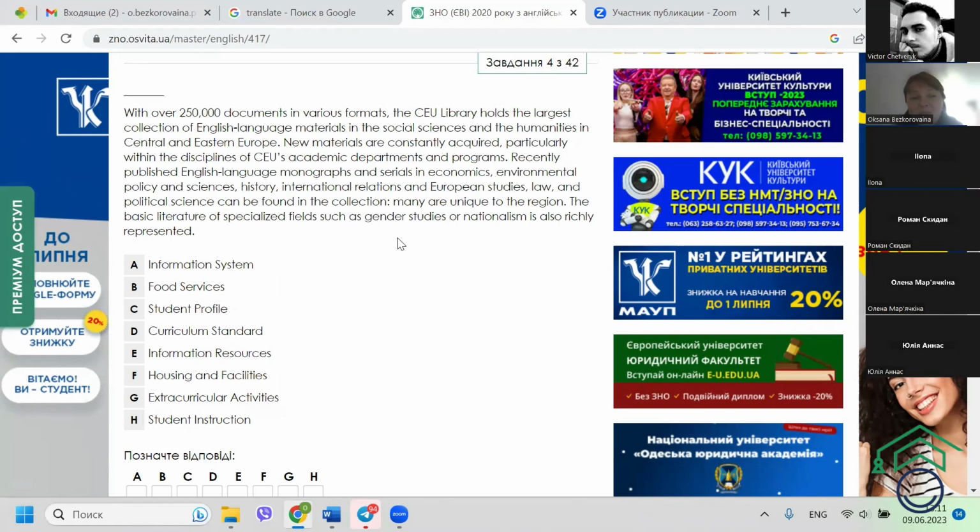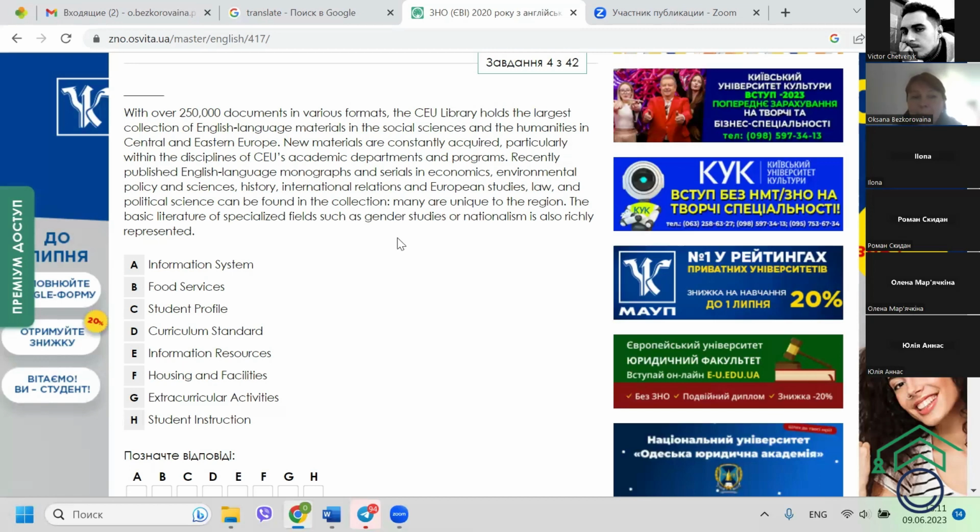New materials are constantly acquired, particularly within the disciplines of CEU's academic departments and programs.